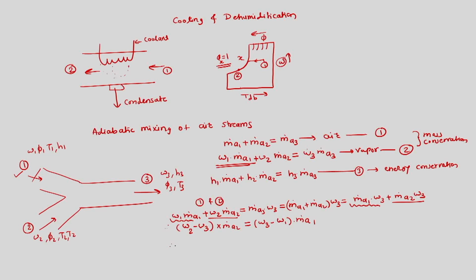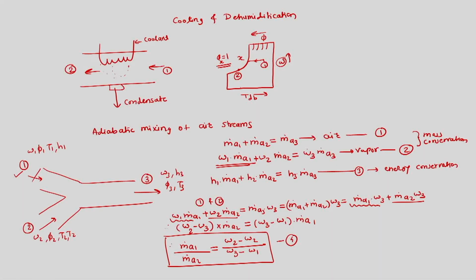So we can write down m dot A1 upon m dot A2 is equal to omega 2 minus omega 3 divided by omega 3 minus omega 1. This we will name as equation number 4.